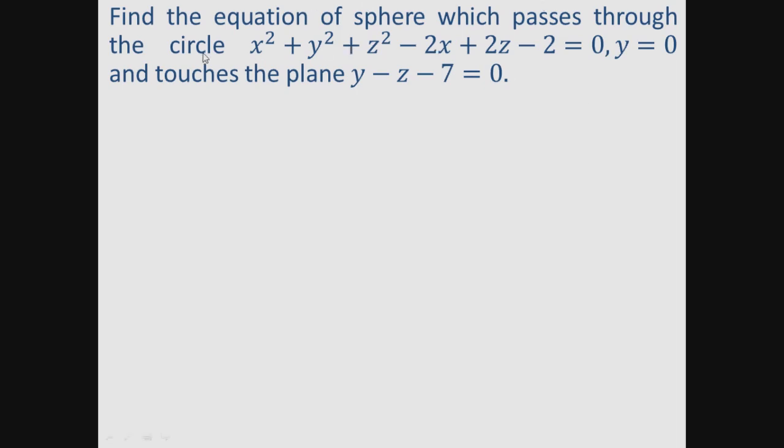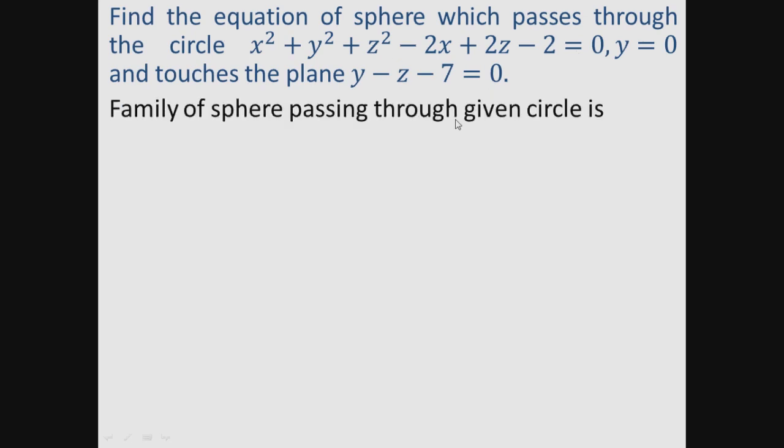Already we saw that there is no separate equation for a circle, it is the intersection of a sphere and a plane. Whenever we want to solve such problems in which we want a sphere which passes through a circle and satisfies a certain property, then it is always better to consider the family of spheres which passes through that circle and then use the given property to get the required sphere.